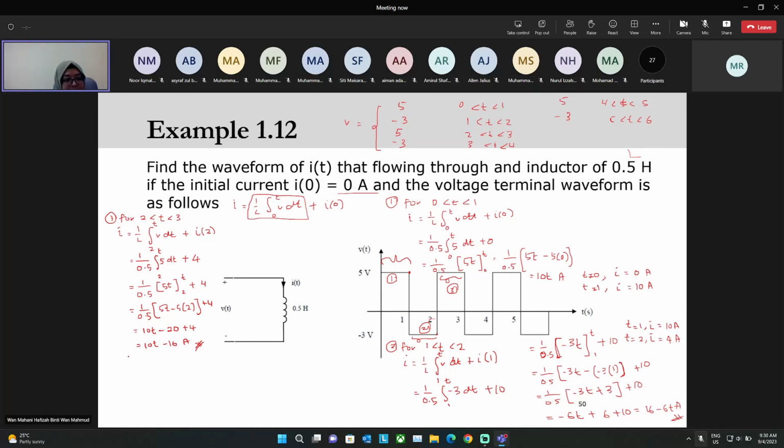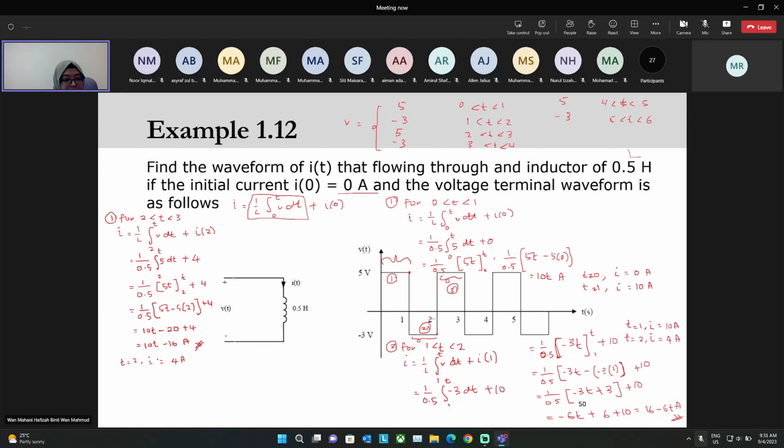So, dekat sini, kalau you nak kira dia punya value I. Pada masa T2, value I berapa? I dia, you gantilah dengan 2 kat sini. So, 20 tolak 16. 5 ampere. So, sama dengan you guna equation sebelum ni.